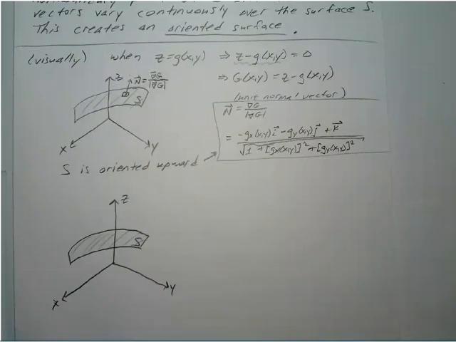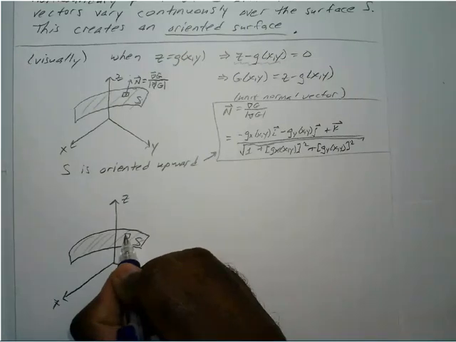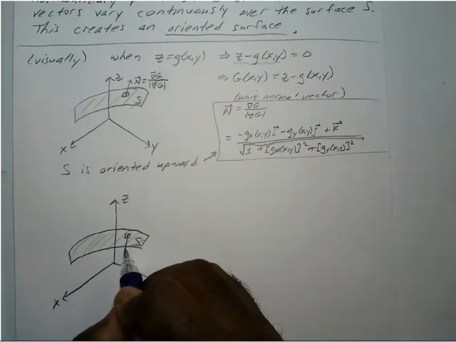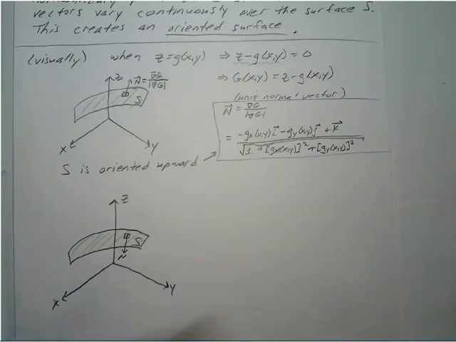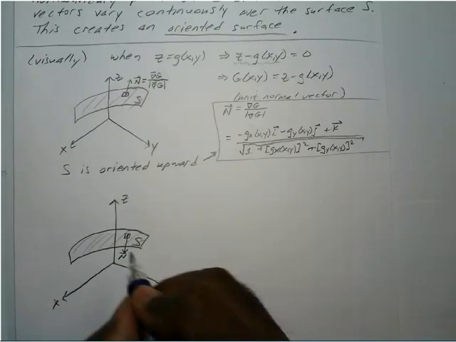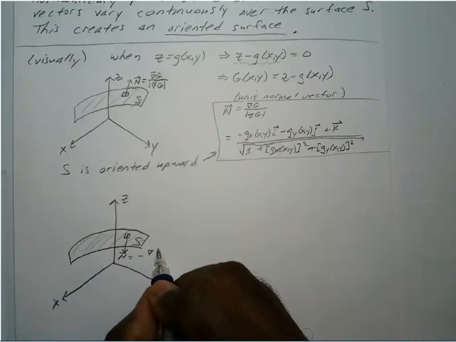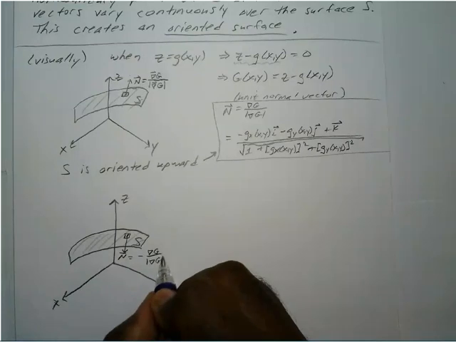And this is, of course, our surface here. So if we get one little area of that surface, if we're on the inside, that normal vector is going to point down. Okay, so this will now be the negative of your gradient over the magnitude of the gradient.